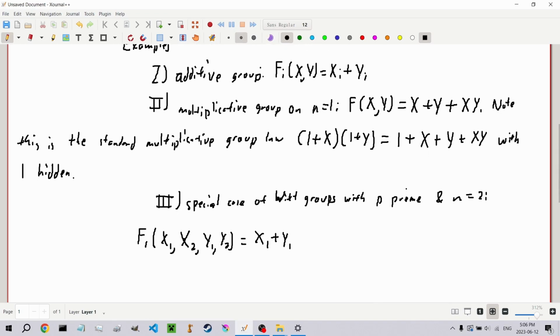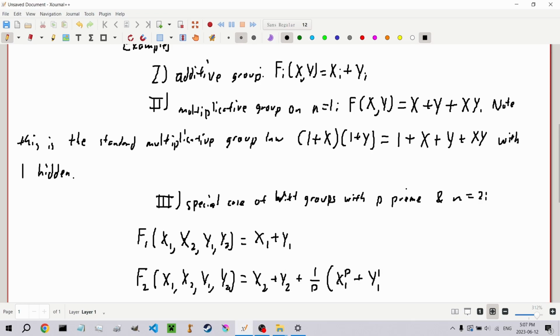And our second component in our formal law on x1, x2, y1, y2 is x2 plus y2 plus 1 over p times x1 to the p plus y1 to the p minus (x1 plus y1) to the p.